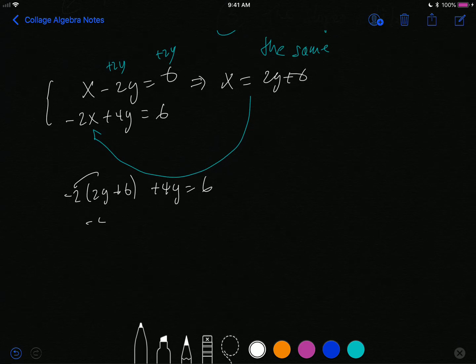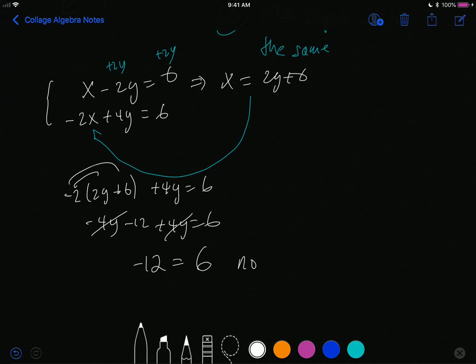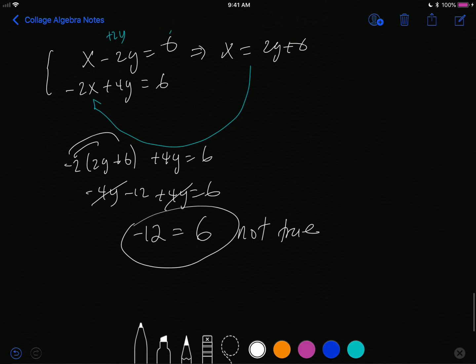I get negative 4y minus 12 plus 4y equals 6. And look at that, the 4y's will cancel out. And after they're cancelled out, I get this: negative 12 is equal to 6. This is simply not true. And when you get a statement that's not true, the system is inconsistent.